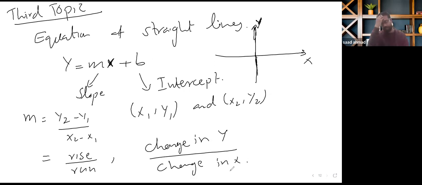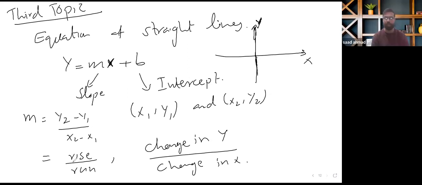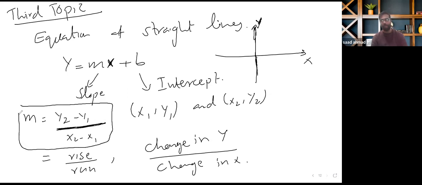Rise over run is a general term people use, but when you're solving it, you need points, or if you're shown the graph, you can use the graph. But if the graph is not given and the points are given, then you can use the 2 points to find the slope like this.